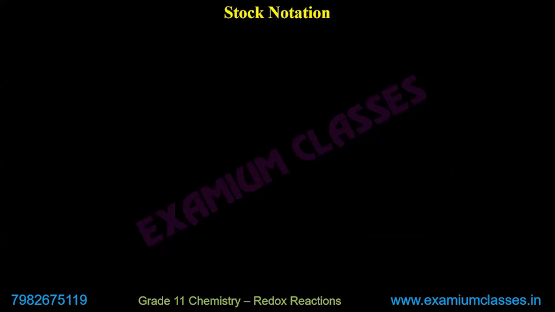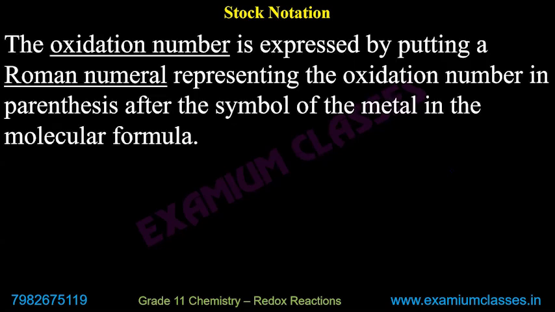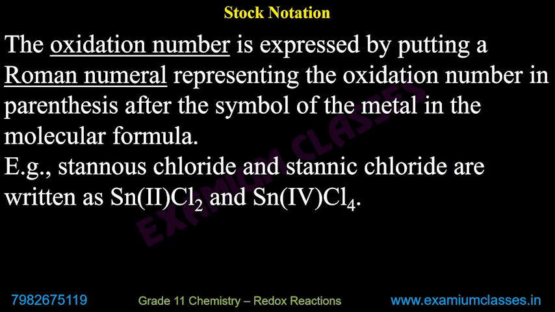Now, the next concept is stock notation, which is a very simple way that the oxidation state in a compound is sometimes mentioned in Roman numerals. Tin has multiple oxidation states too, so sometimes the oxidation state is written just after the element in Roman numerals.